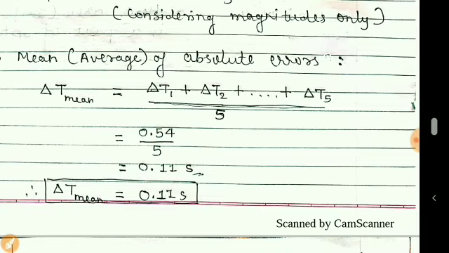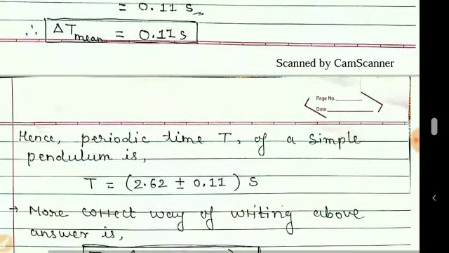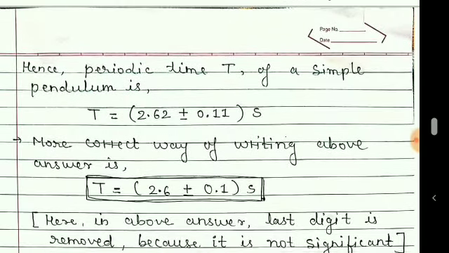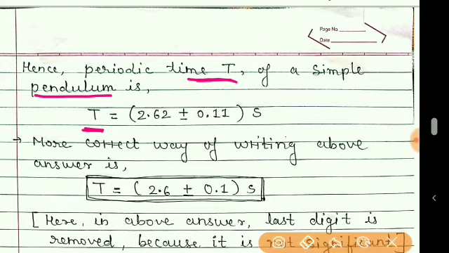Now finally, how can you answer about this periodic time? The periodic time T of a simple pendulum can be represented as T equals, first we will write the true value and then the mean value of the absolute errors.